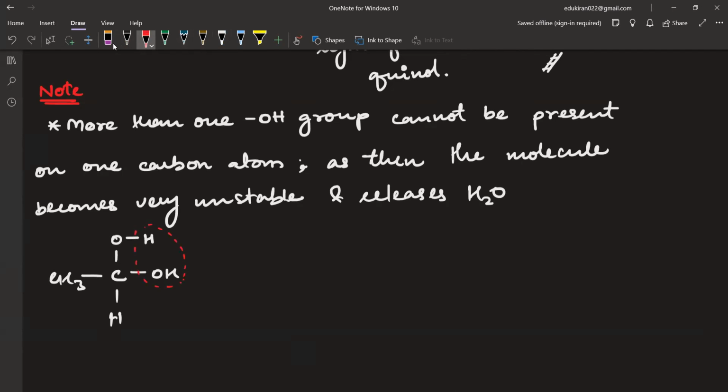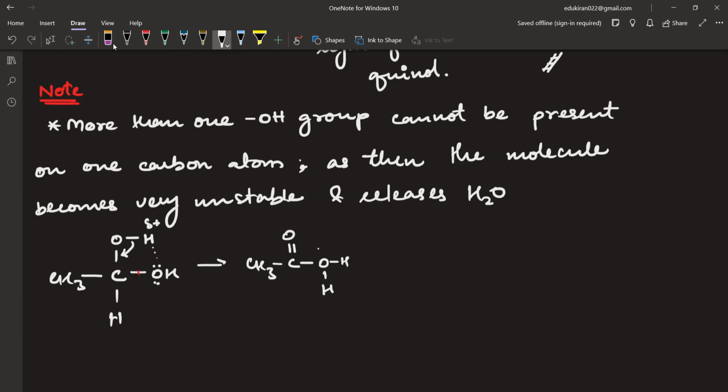Now, if you want to know in detail, let me show you why the H2O molecule gets liberated. We have the lone pairs of oxygen here, and this hydrogen is delta positive. There is a very strong interaction between this hydrogen and this OH. Sometimes there is a kind of equilibrium that shifts towards the CH3 carbon, and this hydrogen gives a double bond to the oxygen.